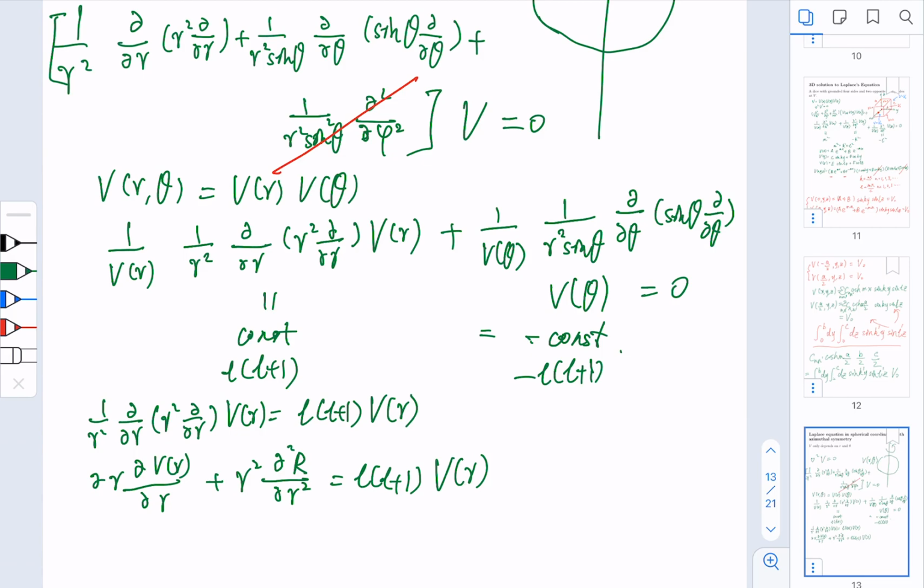So here, because there is an r square on both terms, really this r square can be dropped out, and so here there should be an r square over here, and you can check.